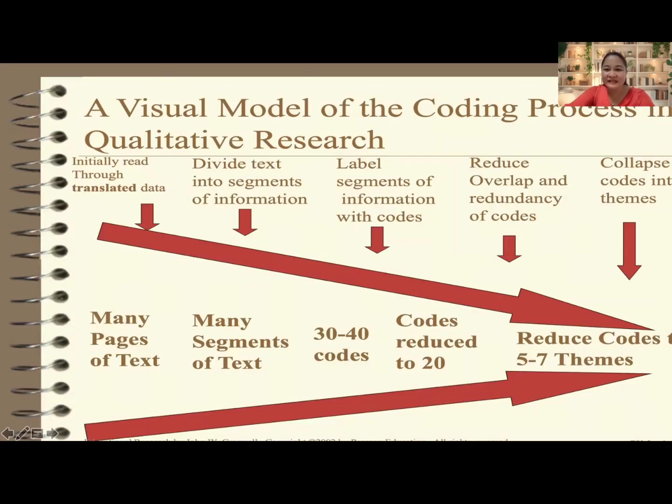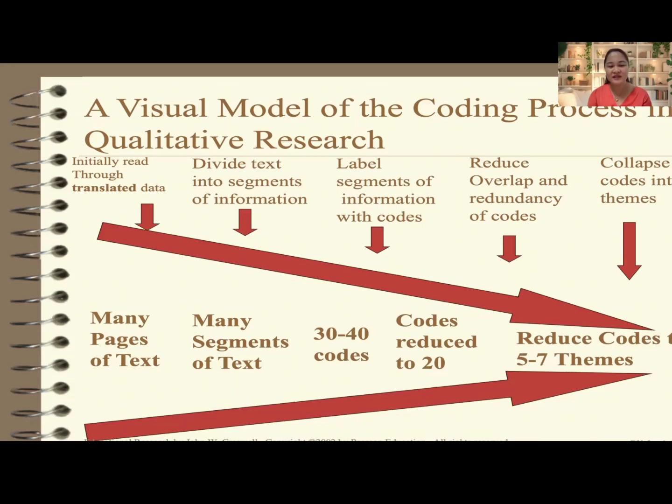So from this, we have here the framework, the coding process in qualitative research. It is a visual model of the coding process. From the initial readings through translated data, you transcribe and you have many pages of text.